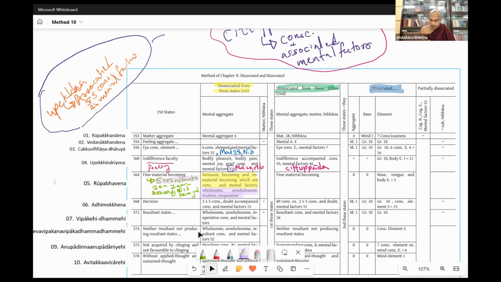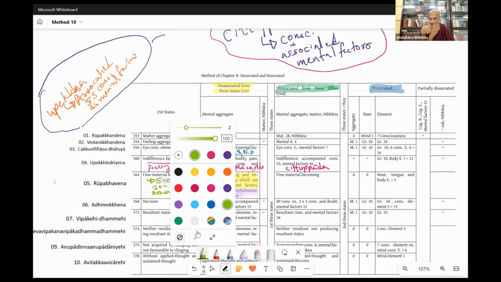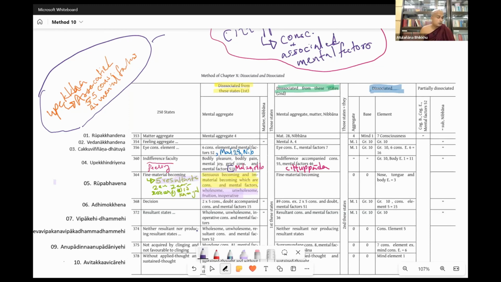Now, when you say sensuous becoming, basically you consider the Patisandhi Vipaka Chittas here. No, it's only the Pavatti and Patisandhi.